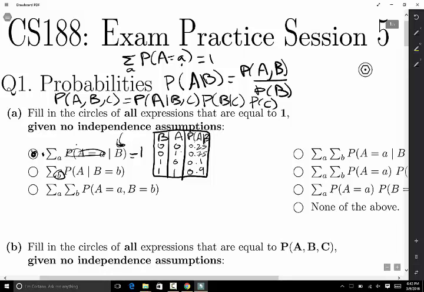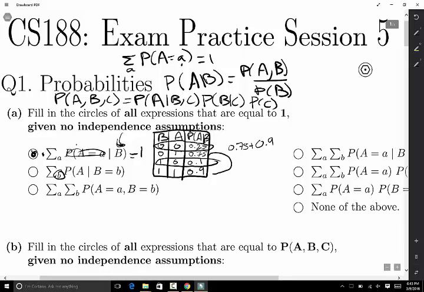And the second option is saying, well, what if we summed for a particular value of A, like A equals 0, what if we summed up these two numbers? So this would give us 0.35. And this doesn't mean anything. Or similarly, for if A equals 1, what if we summed up 0.75 plus 0.9?